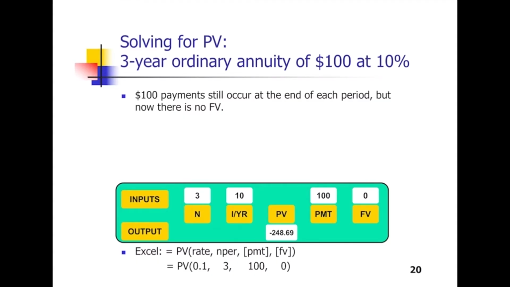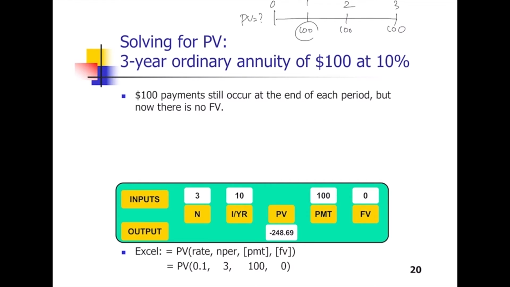Okay, here is another example, solving for present value. So we have a 3-year ordinary annuity of $100 at 10%. So let's draw a timeline. 0, 1, 2, 3. And there is payment here, right? And we want to know the present value.